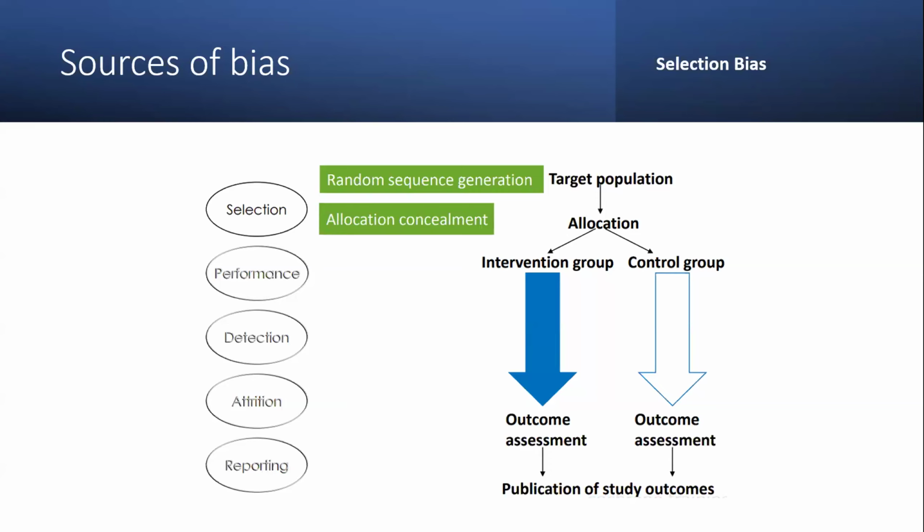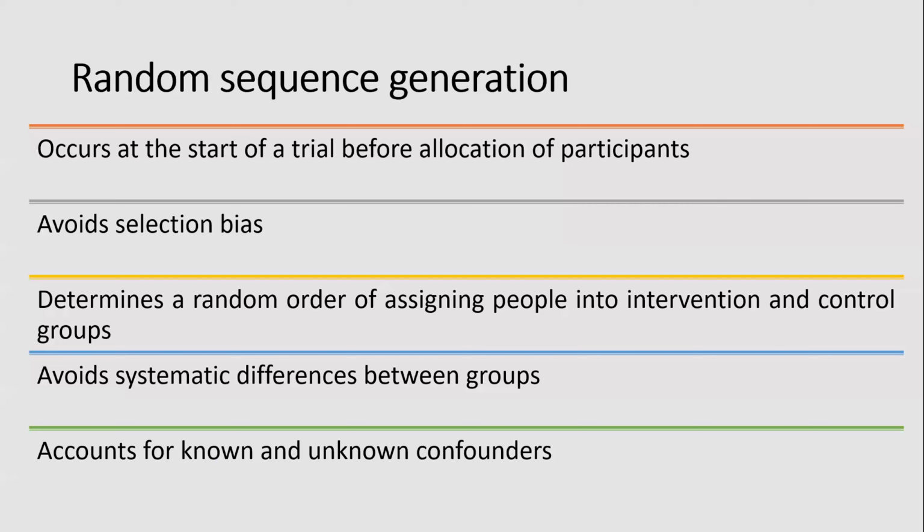This method has to be followed based on the standard methods suggested for random sequence generation, whether by the SNOSE method or a computer generated method. Then how the participants were allocated, whether, as I told, the SNOSE method was used to allocate the participants to the intervention or control group. These all areas mainly focus on selection bias.